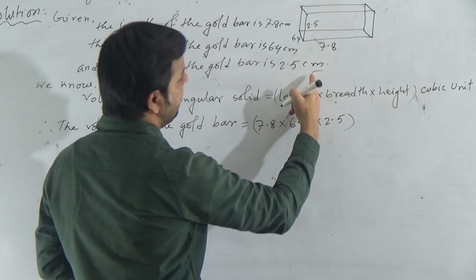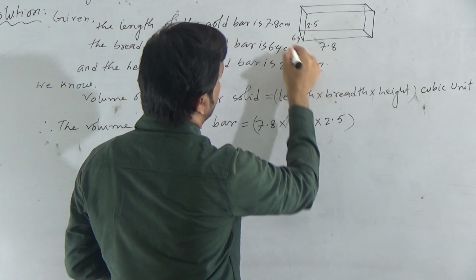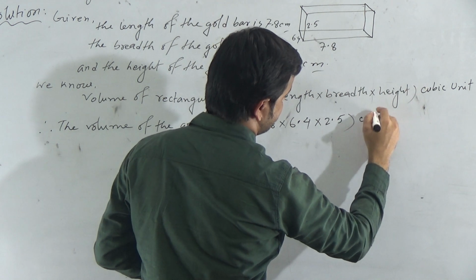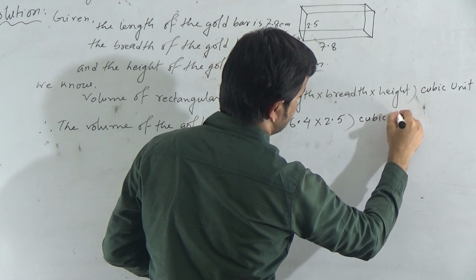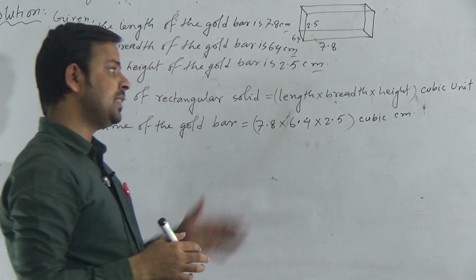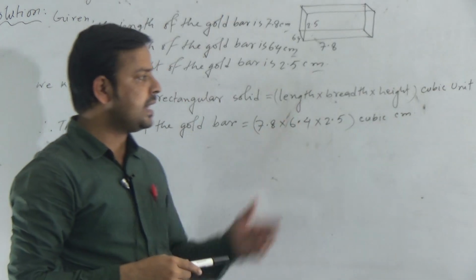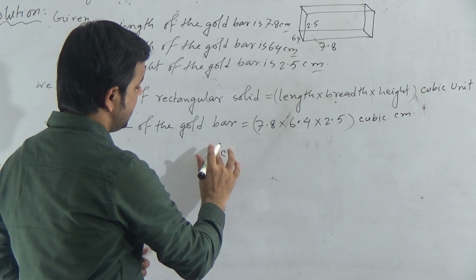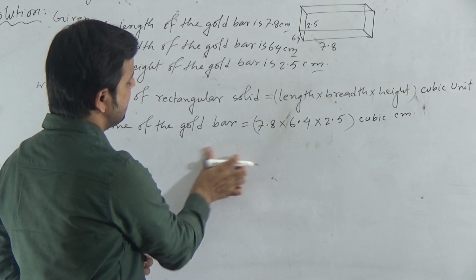As the unit is given in centimeter, so we have to write the unit cubic centimeter. Dear students, you know cubic centimeter, in short if you want you can write as CC. CC means cubic centimeter.